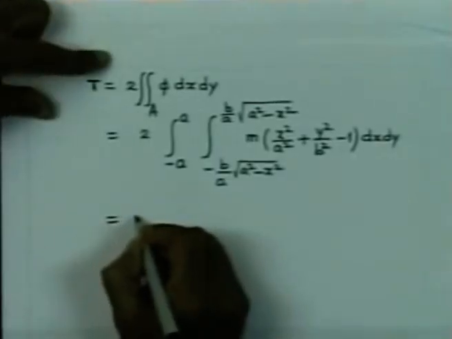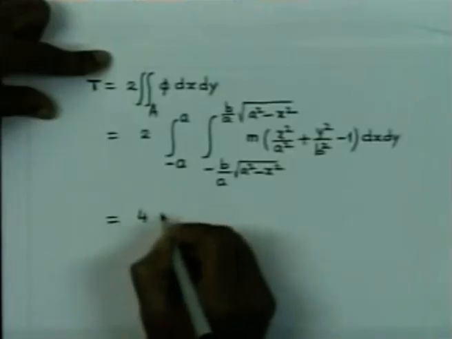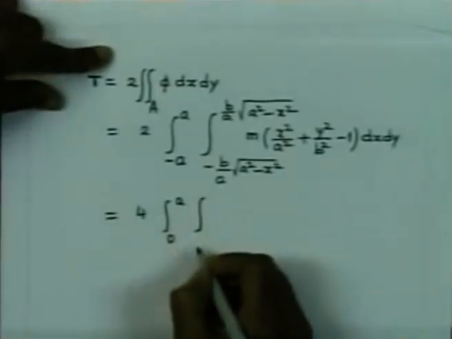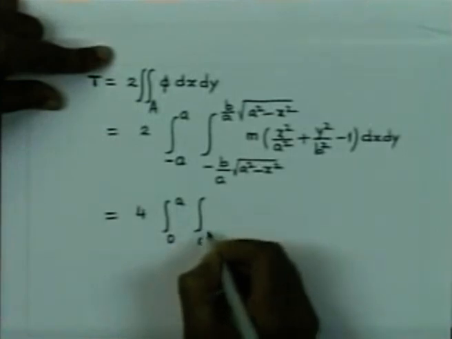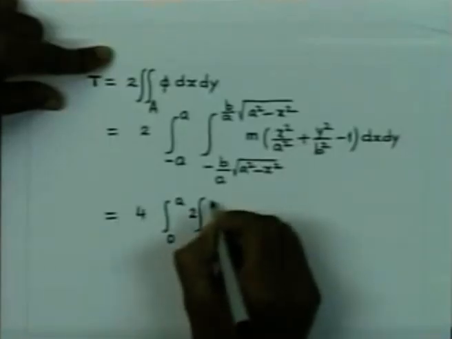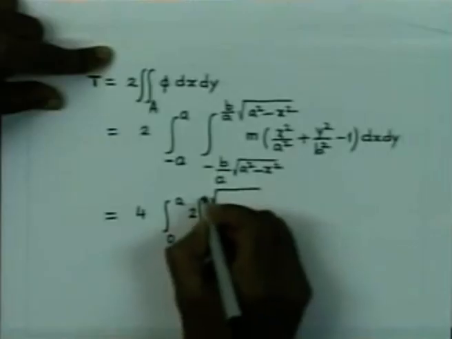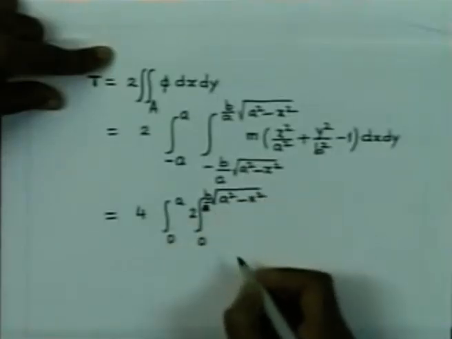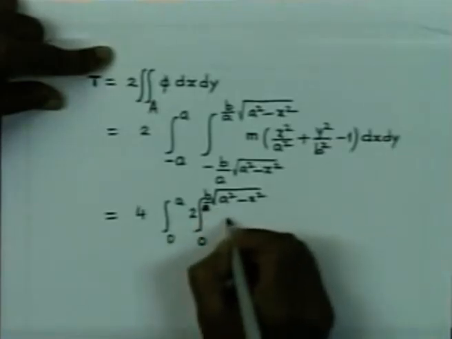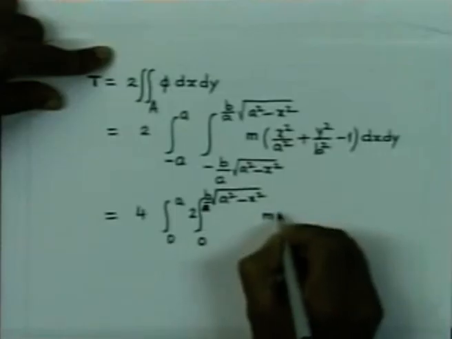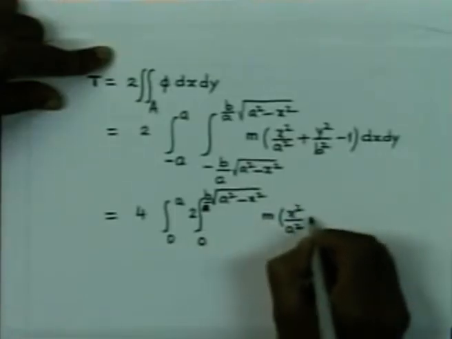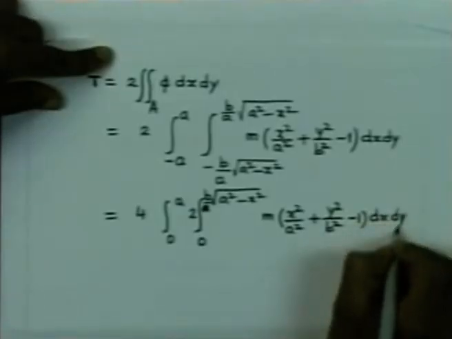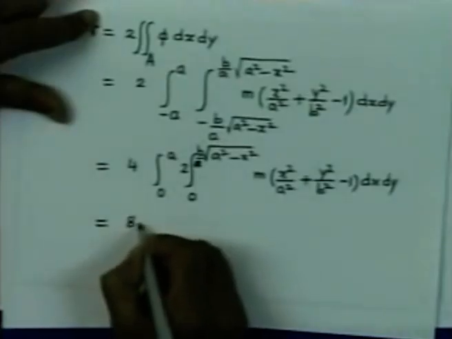It will take the form 4 times the integral from 0 to a, and we can write this also 2 times the integral from 0 to b by a root over a square minus x square, of m into x square by a square plus y square by b square minus 1, dx dy. So this gives us 8 times m.